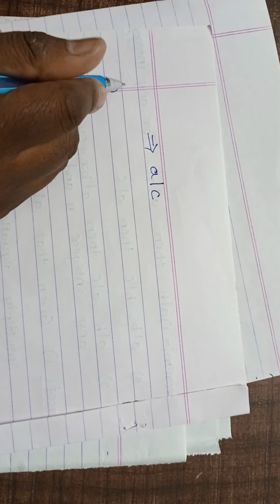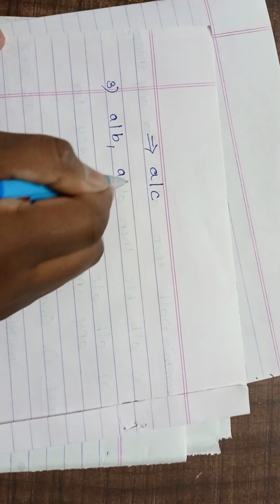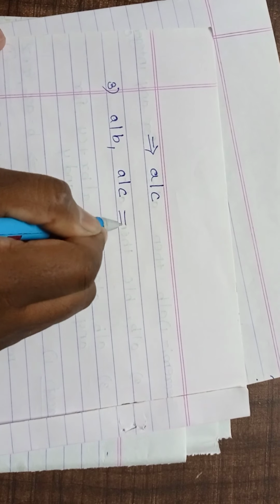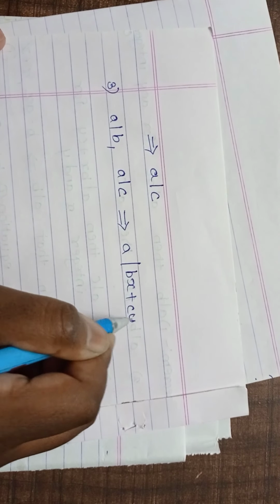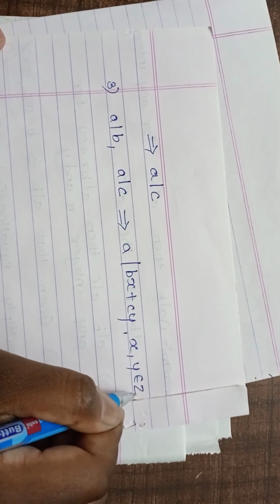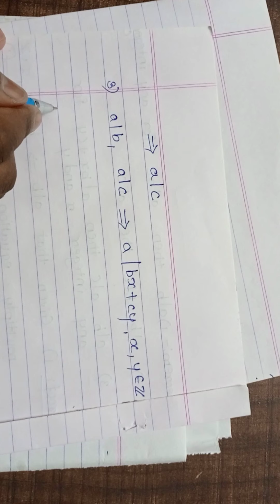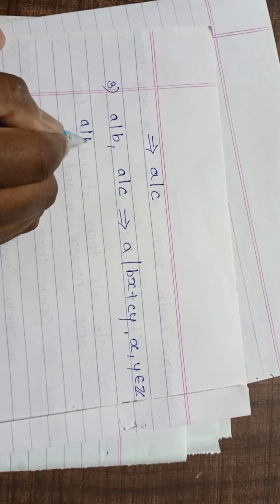Now the third theorem. What is the third theorem? If a divides b and a divides c, then a divides bx plus cy, where x and y belong to Z, any integer. In that, given a divides b.